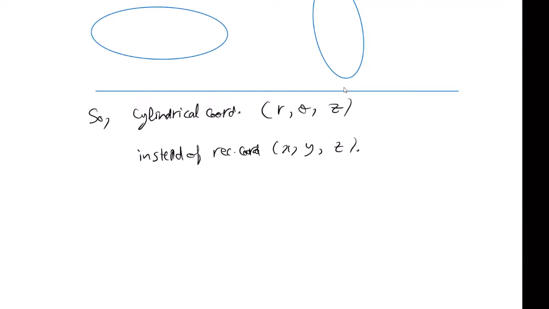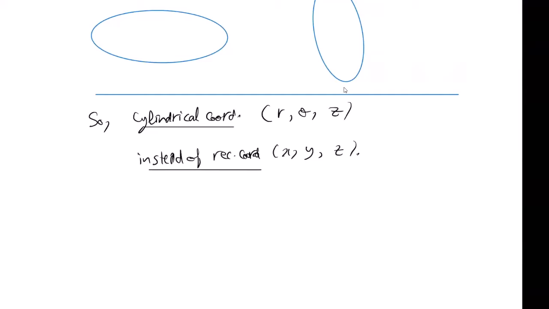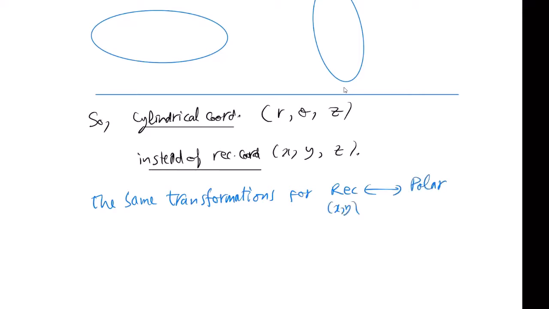What is the transformation? The same transformation we have for polar, the same transformations from rectangular to polar, which is xy to r and theta in 2D.